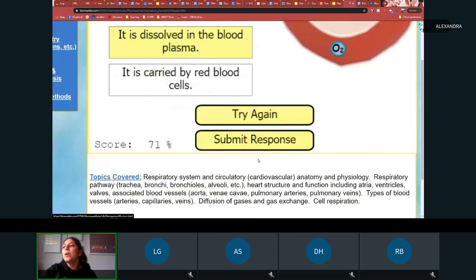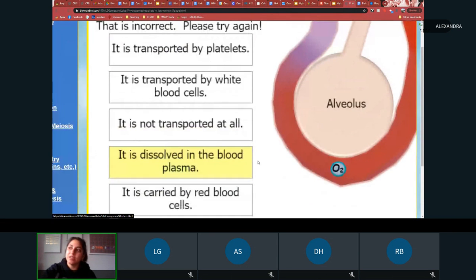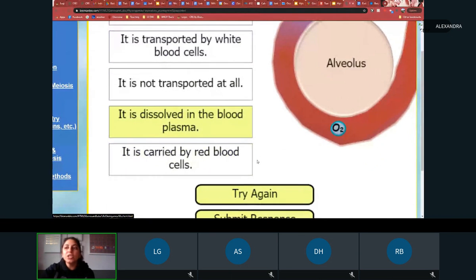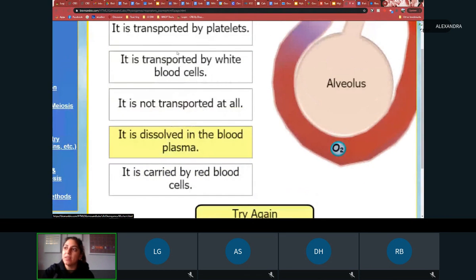Oh man, so it does not get dissolved in the blood plasma. So what do we think is the other answer? So if it's not that it gets dissolved in the blood plasma, that means it must be one of the other ones. So is it transported by platelets? Is it transported by white cells? Or is it not transported? Or is it carried by red blood cells?